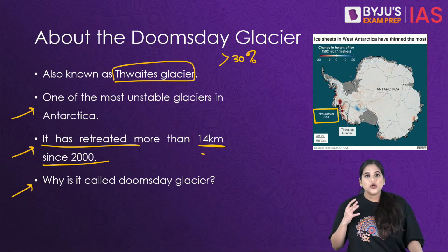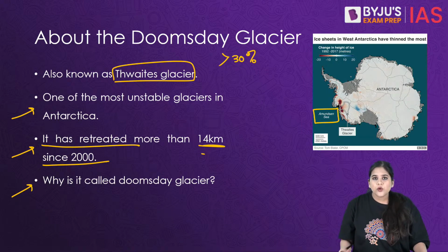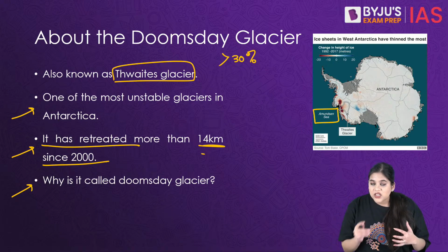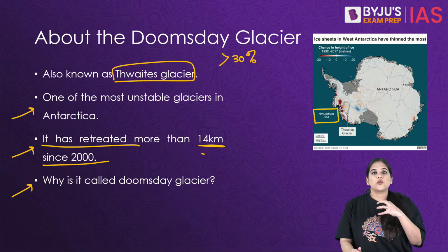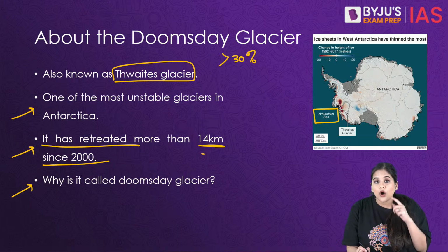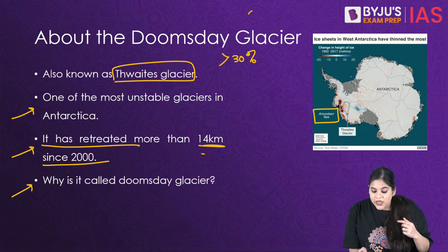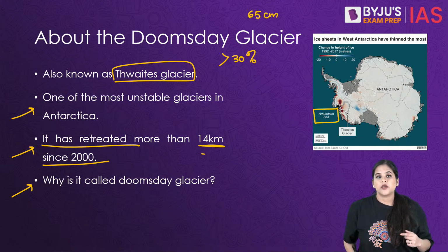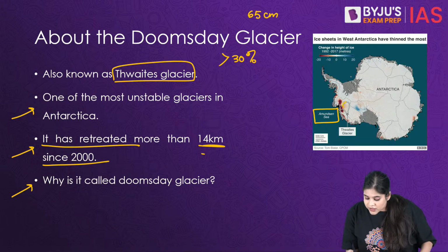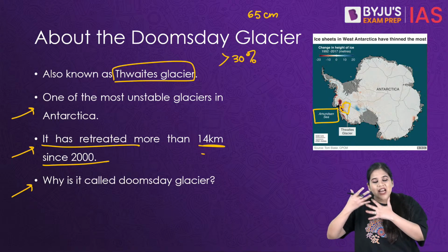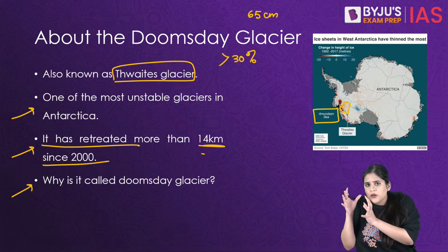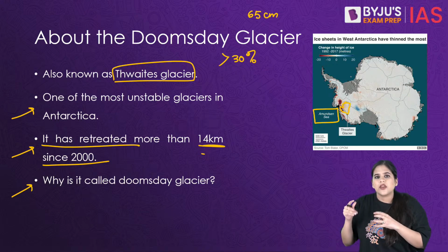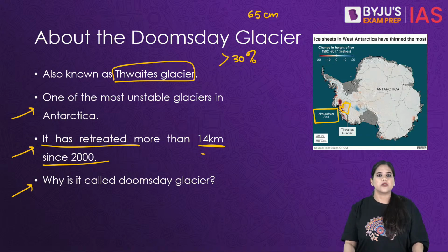Now, why is it called Doomsday Glacier? According to various studies, if this glacier collapses completely, then standalone, just the glacier, it will cause a rise in sea level by 65 centimeters. Moreover, behind this glacier are many ice lakes, which are very unstable.